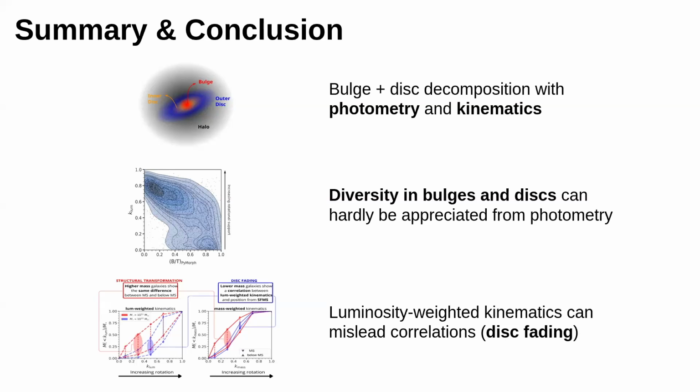It's difficult when you have a lot of parameters to interpret physically. But for instance, if I assume a constant mass-to-light ratio and I reduce the number of parameters, I get biased results.